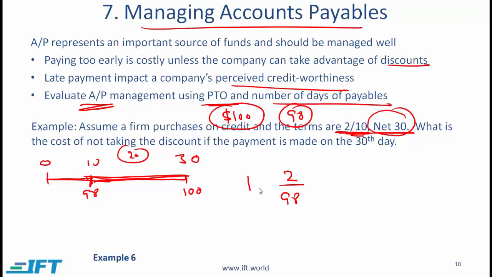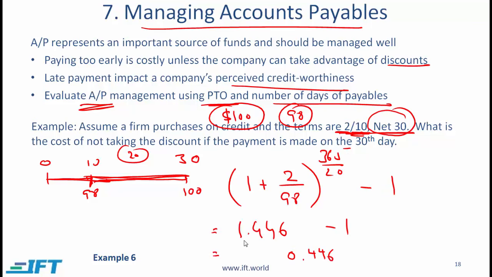You do 1 plus the 20-day rate and then raise to the power of 365 over 20. This is the 20-day rate, and you are annualizing by raising this to the power of 365 over 20, and then to come up with the rate, you subtract 1.